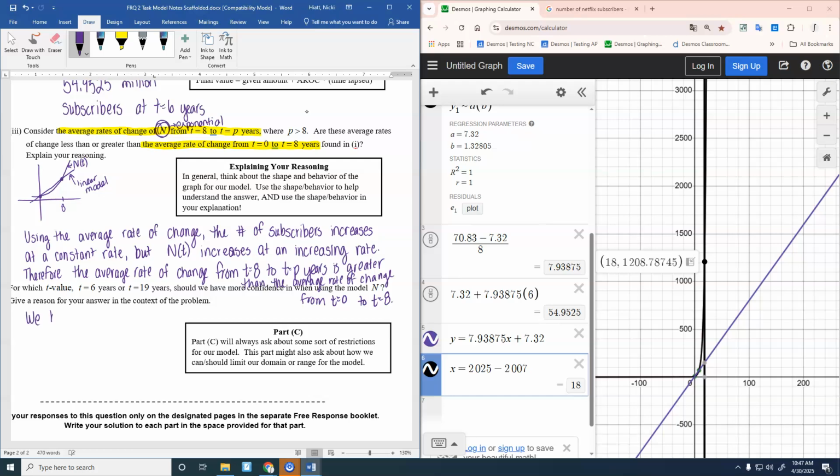We have more confidence when t equals 6 years, because that value falls within our given data points.